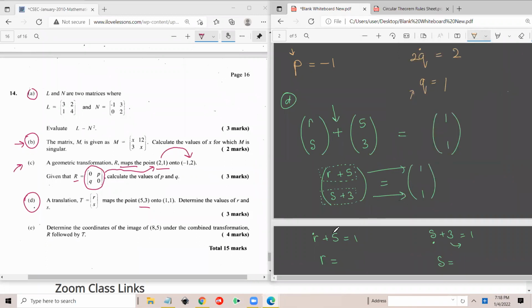Christian, correct, right? So now you're throwing across positive 5 to get minus 5, positive 3 to get minus 3. It is minor mistakes here with the signs. 1 minus 5 is minus 4. 1 minus 3 is minus 2. Don't worry, Jordan. You'll get through for the next one.